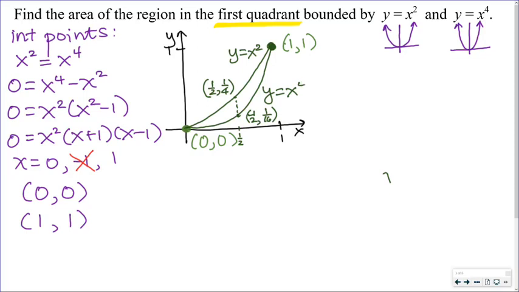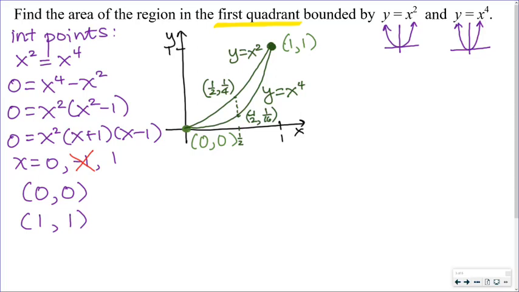Now, this integral can be easily written in either x or y. So since x is already solved for, I'm going to start by writing that way.